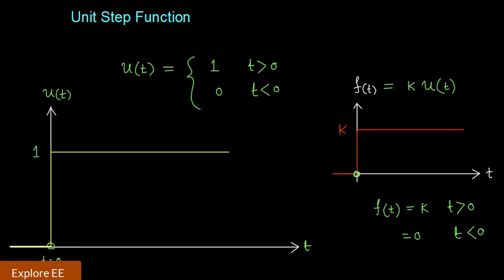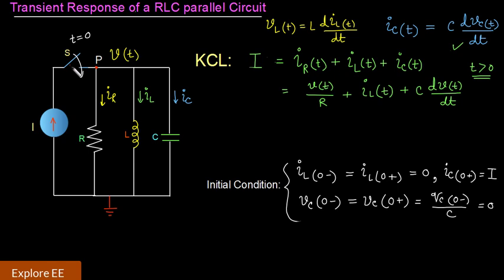In the KCL, to consider the effect of this switch which is turned on at t equal to 0, we can multiply the source DC current with a unit step function, I times u(t). That means the DC source is applied to the system at t equal to 0, not before that.